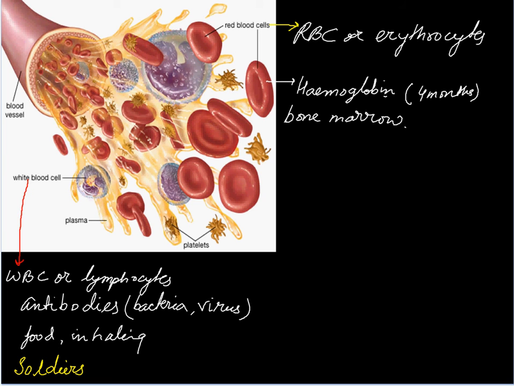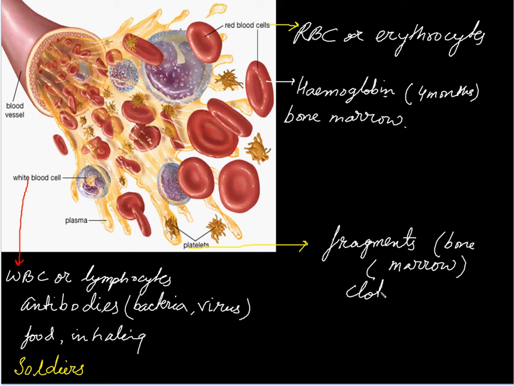Clear? The last component is your platelets. Platelets are tiny fragments of cells formed in the bone marrow. The function of platelets is to clot the blood during a cut or a wound.